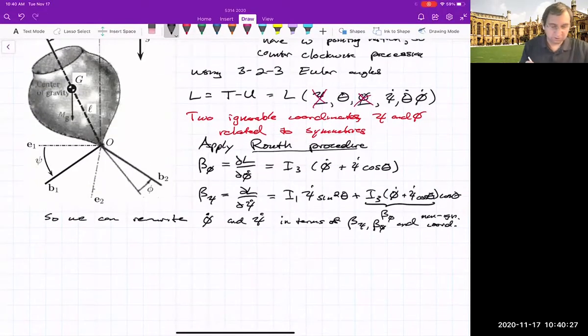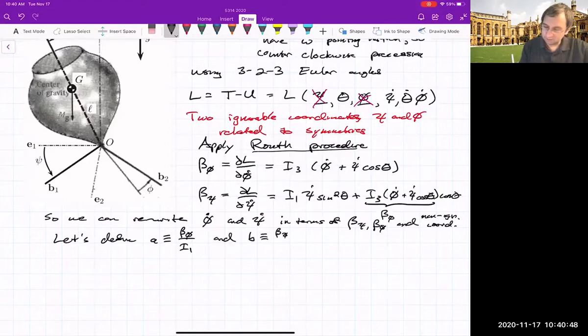To simplify it, and you don't have to use this, but it will lead to some simpler algebra if you do this problem, we'll define A as beta phi over I1, and B is beta psi over I1.